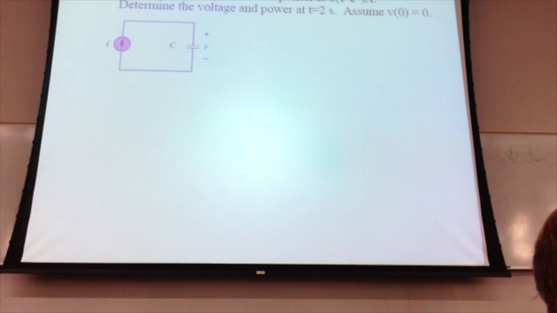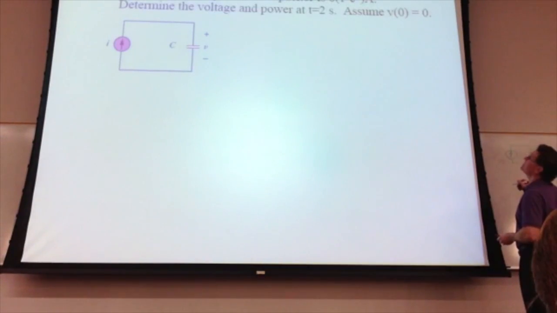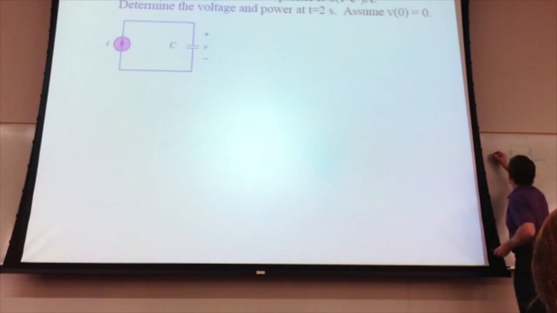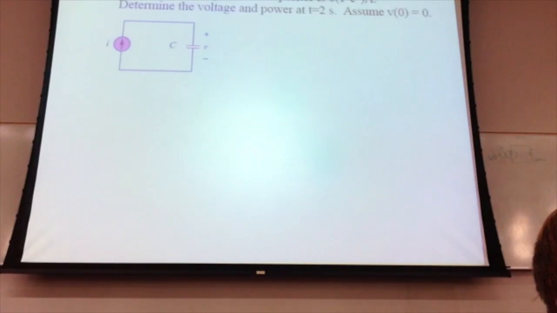Determine the voltage and the power at t equals 2 seconds. So that's the time function driving the current that is charging up this capacitor, and we're going to find everything at t equals 2.